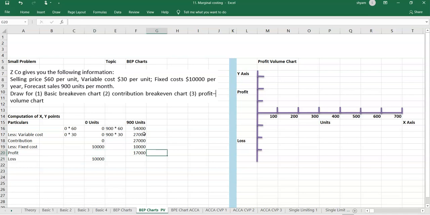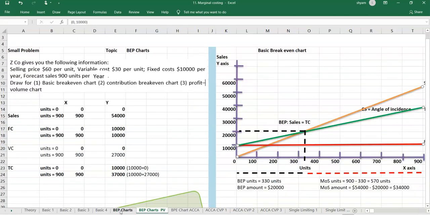So how do we mark this as a coordinate? First we'll take the 0. The 0 is the x and the profit is the y. So 0, y, that's about this point. The other point would be 900 units, 17,000. So there are 2 points here.